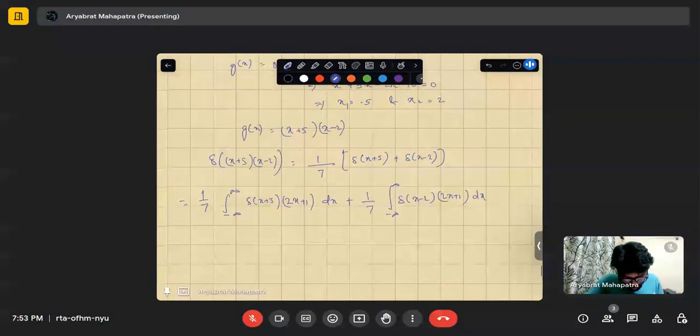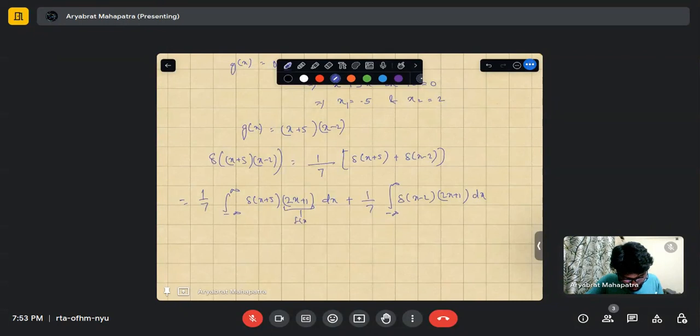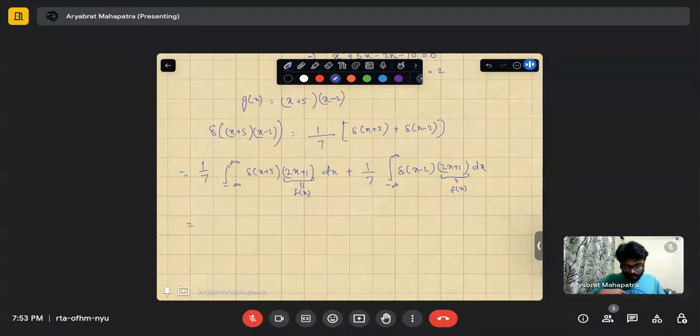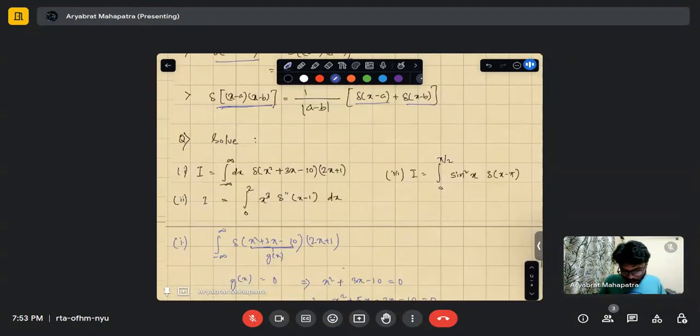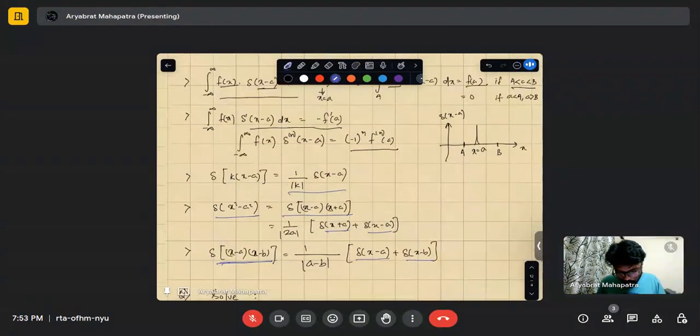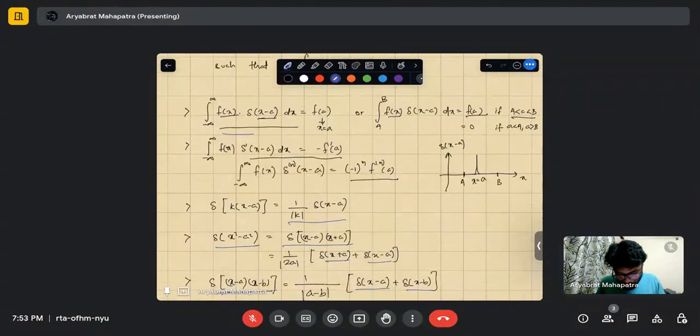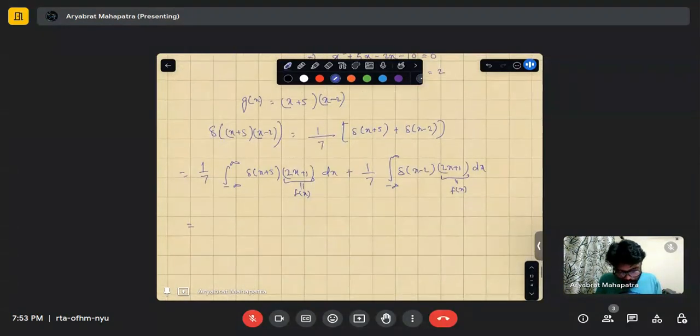So my f of x is this function, 2x plus 1. Then again from your first property for the delta function, the integral of f of x delta of x minus a gives you f of a. My delta function peak for the first term of this integral is at x equal to minus 5.